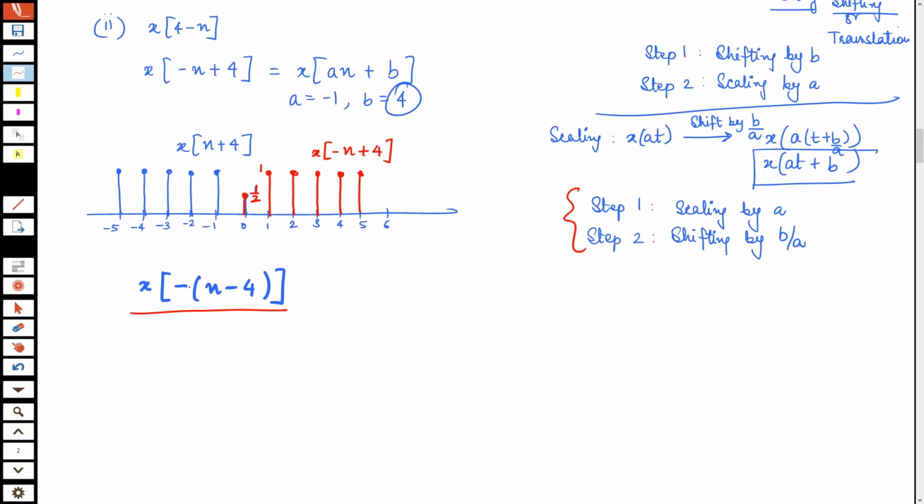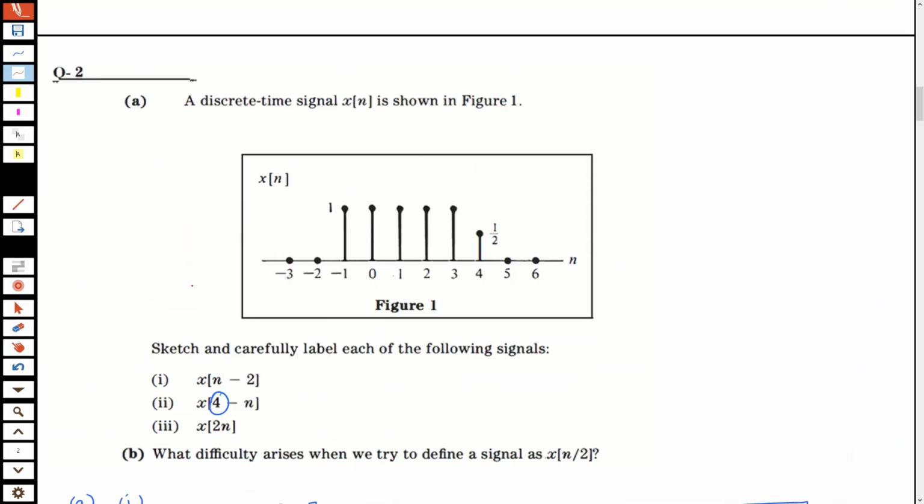Scaling first by minus 1 means, I'm going to draw it directly on the signal. So scaling by minus 1 means you just reflect this about this axis, right? So it becomes something like this.